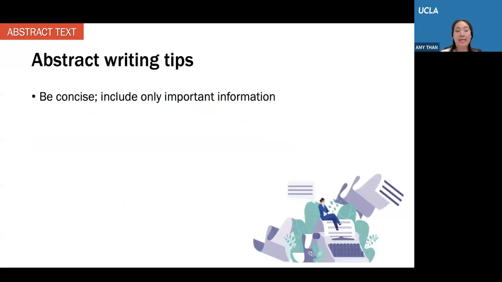Okay, some additional writing tips is to be sure you're concise, include only important information. It's really easy in the beginning of the writing stage to kind of brain dump and be very elaborate and try to include as much information you think is necessary for the reader to understand.